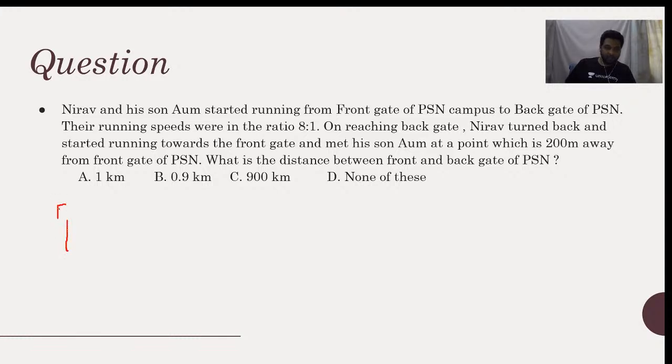Let us say this is the front gate, this is the back gate. Let us say this distance between the front gate and back gate is d meters. Now both of them, Nirav and Om, started at the same time.